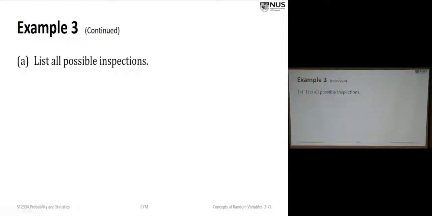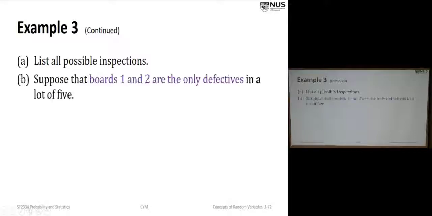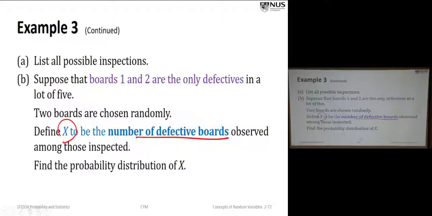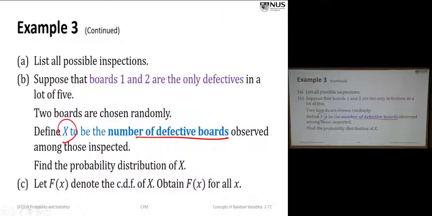These are all the possible inspections. Suppose boxes 1 and 2 are the only defectives in the lot of 5, and 2 boxes are chosen randomly. Determine X, the number of defective boxes, find the probability function for X, and then find the CDF.